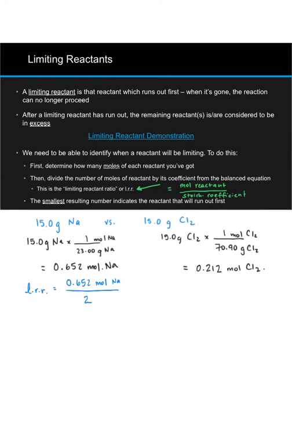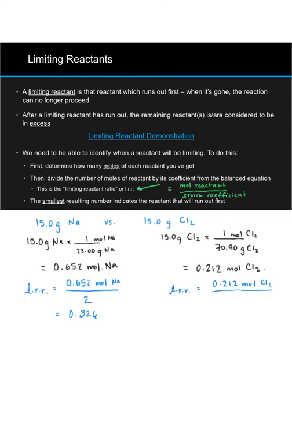That means that the limiting reactant ratio for sodium is a number that's just a fraction, 0.326. Similarly, a limiting reactant ratio for chlorine is number of moles of it, 0.212, divided by its stoichiometric coefficient.